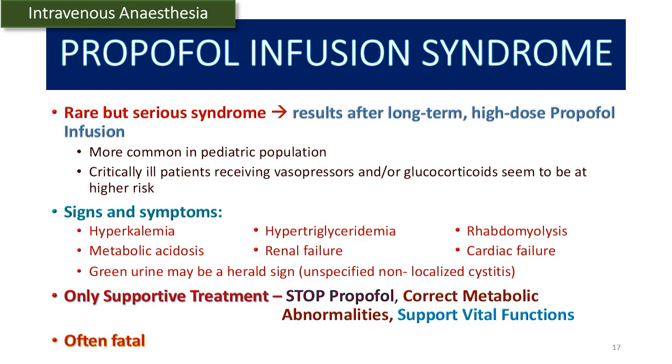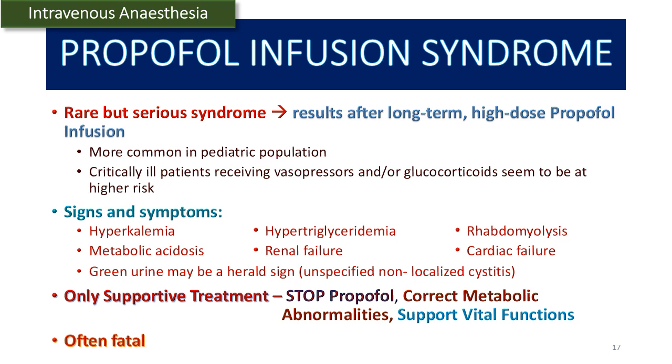There is a rare but very serious syndrome with propofol infusion, which is known as propofol infusion syndrome, which results after long-term high-dose propofol infusion. It is more commonly seen in the pediatric population, and the higher-risk patients are those receiving vasopressor and glucocorticoid therapy in critical care.